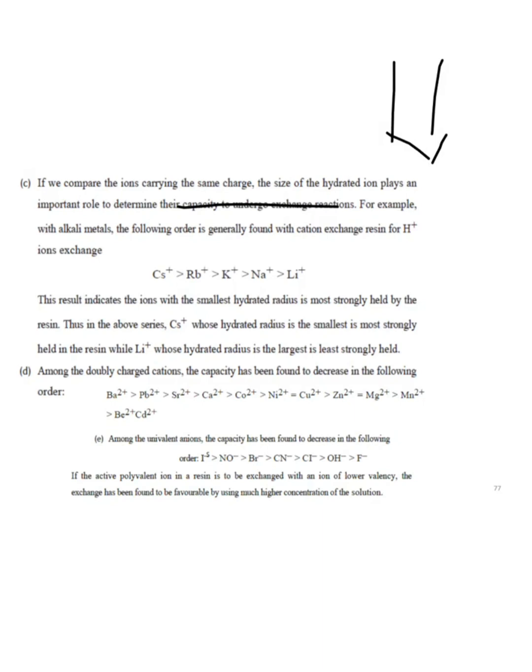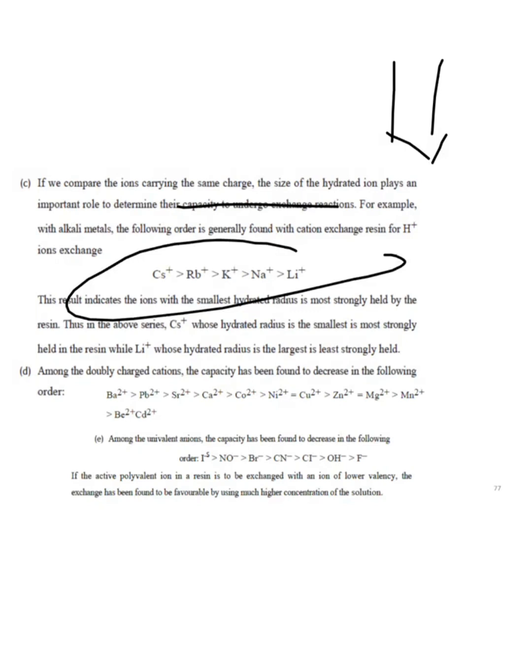So here hydration takes place, and the ion plays an important role to determine the capacity to undergo exchange. So here the cation exchange results for H plus ions. Here it is in decreasing order: cesium decreases to rubidium and potassium, further sodium and lithium.